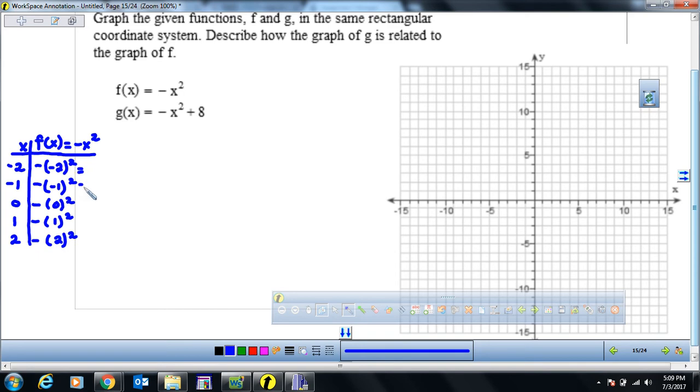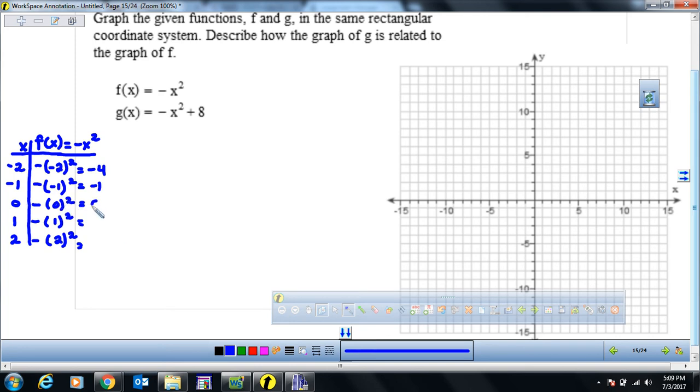And then we evaluate these points. We evaluate this function. So -2 to the second power is going to be 4. But then 4 multiplied times the negative on the outside makes it a -4. -1 times -1, which is -1 squared, gives me +1. But then times the negative on the outside, it gives me a -1. 0 squared is 0.